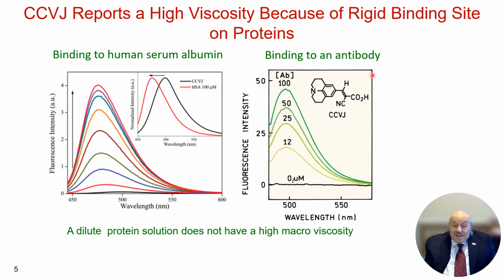Basically, it says that binding sites of proteins have a very high viscosity, in the sense that the probe cannot rotate in the binding site. And note that a dilute protein solution does not have a high macroviscosity, so these probes sense only that local viscosity.